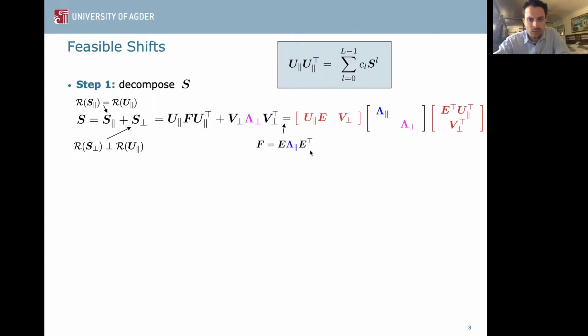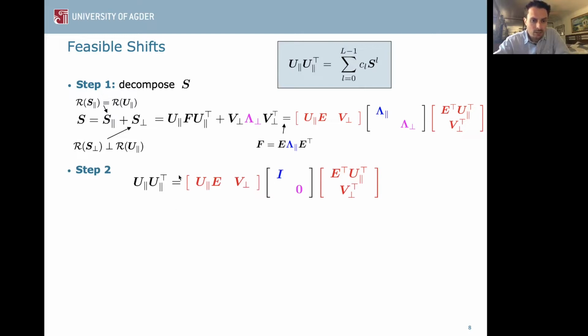And if we additionally take the eigenvalue decomposition of F, this expression can be written in matrix form in this way. Okay, so this is on the one hand. On the other hand, this product here can be clearly written in this way, because this matrix E that shows up in this eigenvalue decomposition is orthogonal.